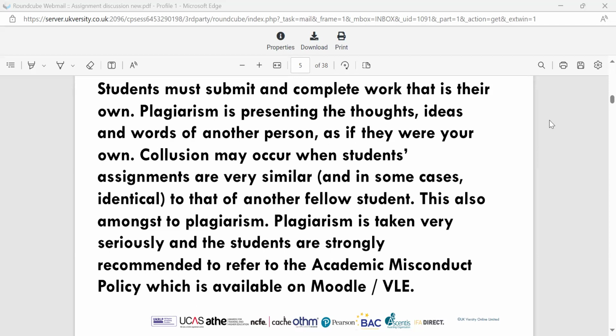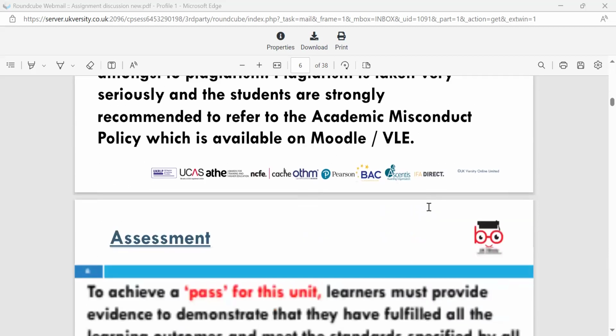So you need to make sure that you are following what the requirements are of the awarding body, but also you are reading the policy that is on Moodle so to identify what is collusion, what is plagiarism, and if your work is a form of collusion. So make sure, again, reiterating, referencing is so important.